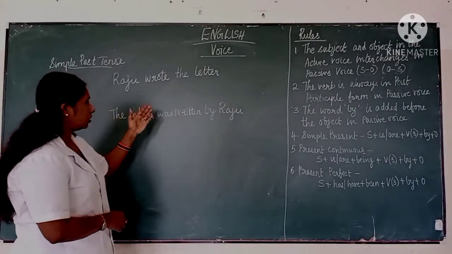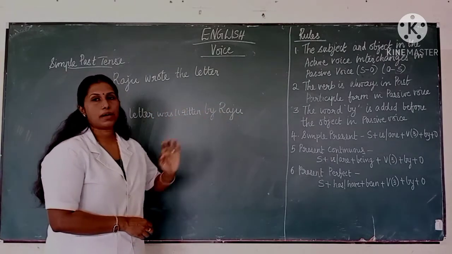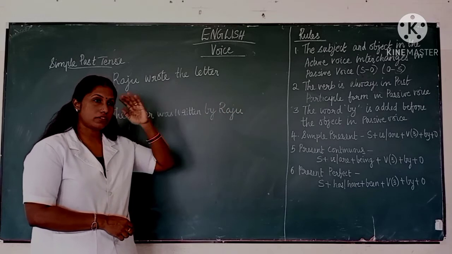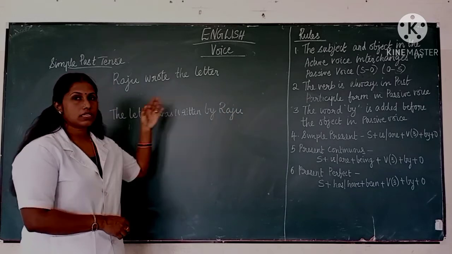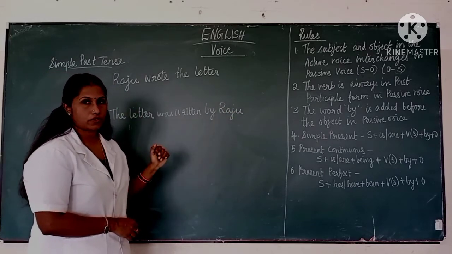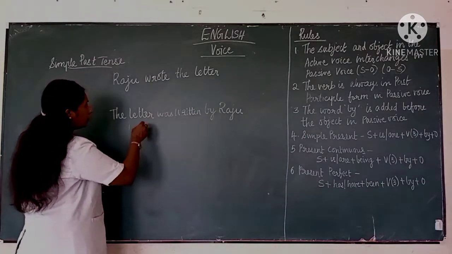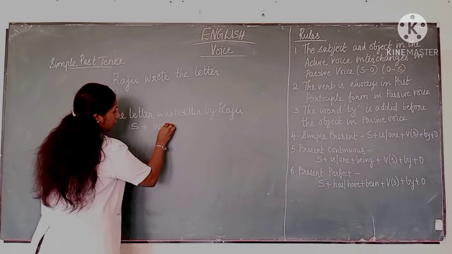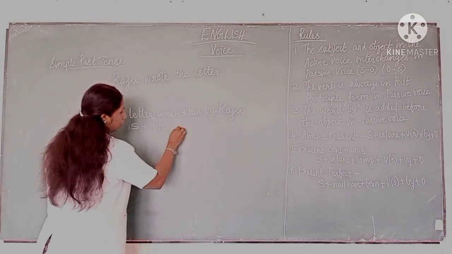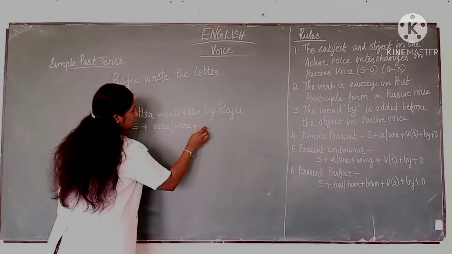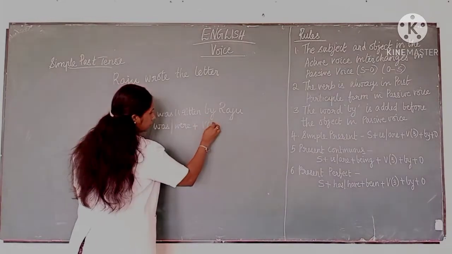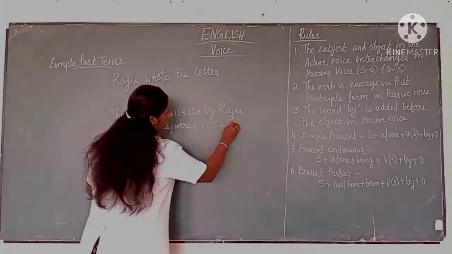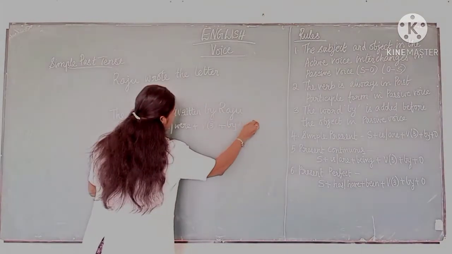Okay, the letter was written by Raju. So if you are remembering those, if you have learned those rules properly, then again it is very easy to apply over here. So what is the format now? Subject plus was or were plus verb in the third form plus by plus object.